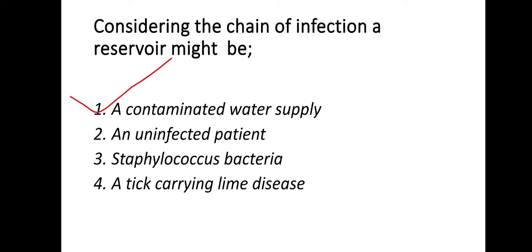A causative agent or microorganism normally lives in a specific place, and it grows and multiplies in that place. That is a reservoir. Usually humans, animals and the environment are considered the common reservoirs. Here, a contaminated water supply comes under the environment.